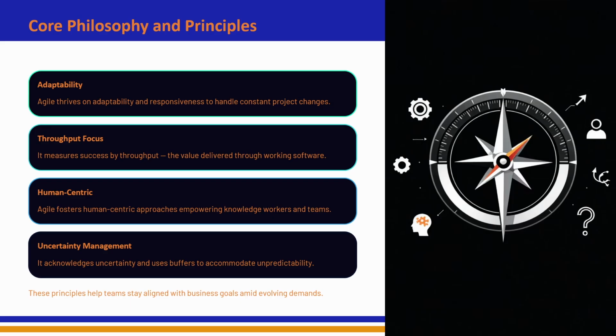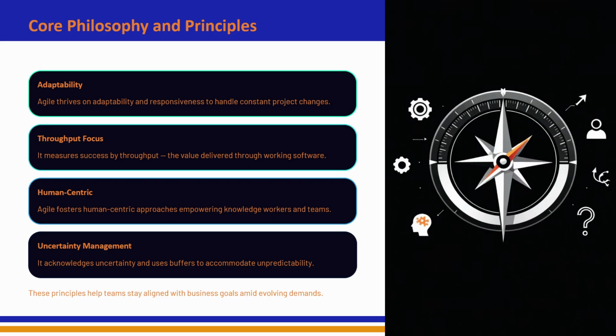Agile fosters human centric approaches, empowering knowledge workers and teams. Agile gives more importance to people than to tools and process. Team members are encouraged to collaborate, share ideas, and take responsibility. This builds teamwork and improves productivity because motivated people build better software.